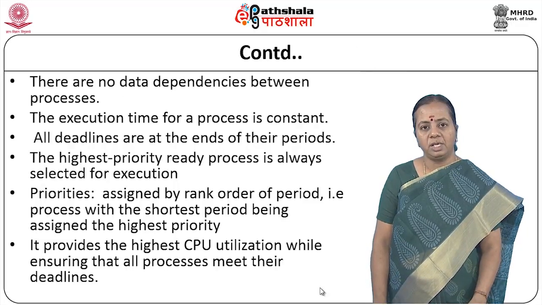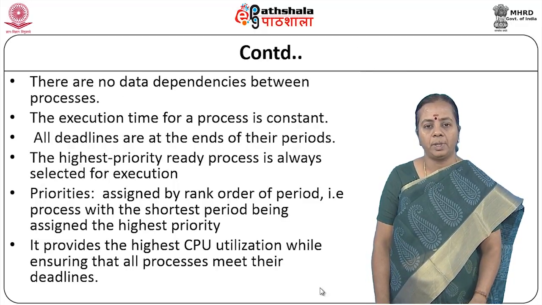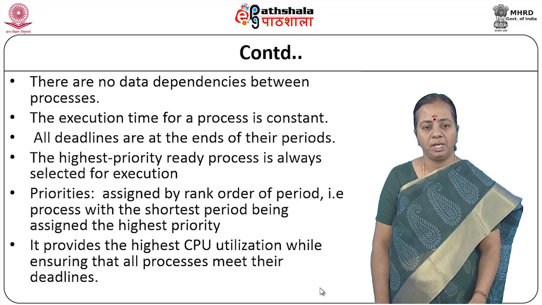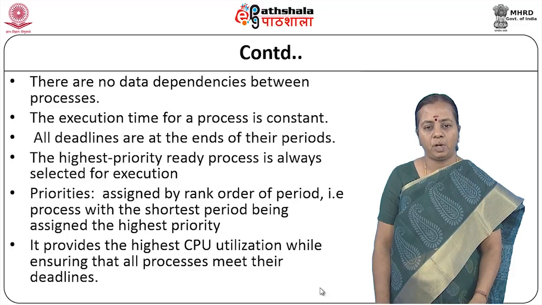The next thing we assume is that there are no data dependencies between the processes, and the execution time for a process is always constant, but that never happens in real time. But anyway, we will take the process execution time as always constant. All deadlines are at the ends of their periods. Each and every process has its own period, and we fix its deadline as the end of its period.